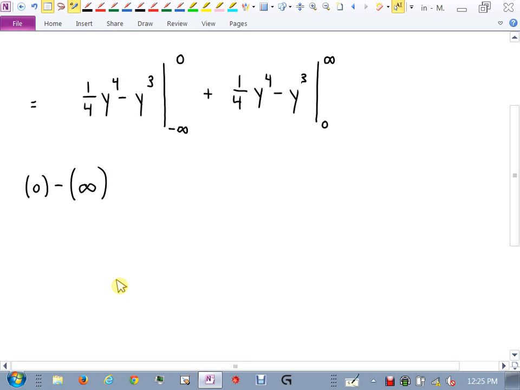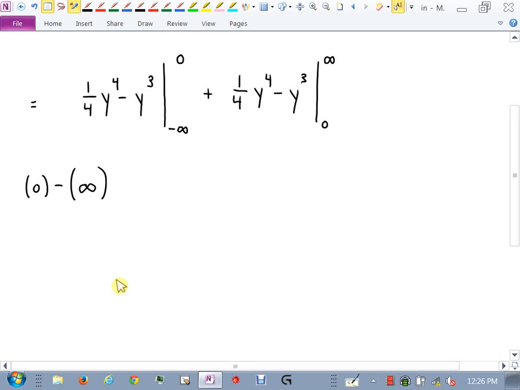Because of this, there's something subtle about the word divergent that we didn't really get into. When we say it's divergent, we're not necessarily saying that it's infinite. When we say it's divergent, it basically means it's not convergent. Two different things.